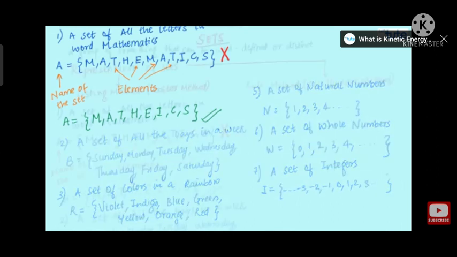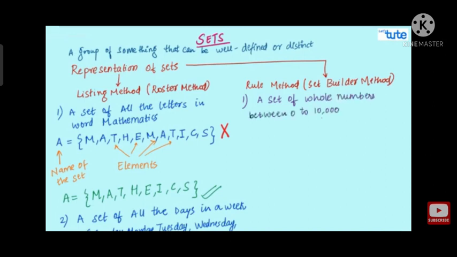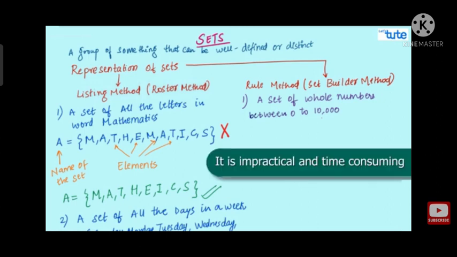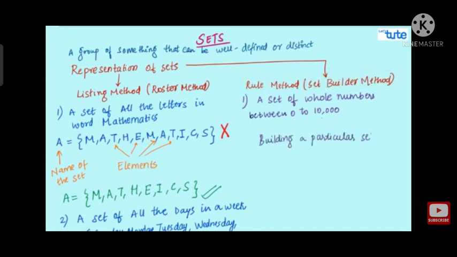Now what happens if I ask you to form a set of all the whole numbers between 0 and 10,000? Can we use this listing or roster method to list all these whole numbers up to 10,000? No, right? Hence, we have the rule method or set builder method. Since we are building a particular set, instead of writing all the elements in the set, this is known as the set builder method.